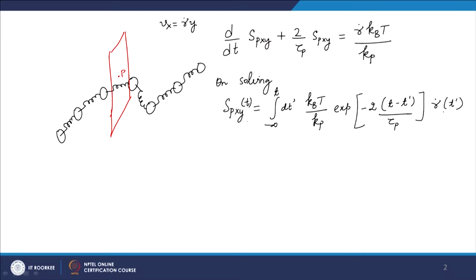and so if I want to get the stress tensor, in this case only the xy component is interesting, everything else is 0.